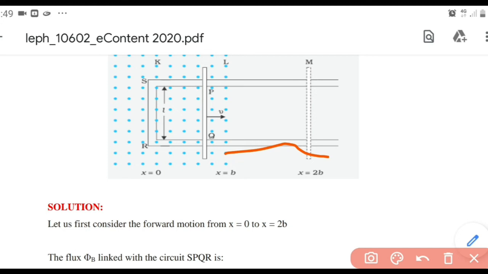There is no change in magnetic field, and hence no change in magnetic flux when the conductor is moved from b to 2b. The constant magnetic field is linked with the framework, and hence the expression for magnetic flux becomes BLb. That is a point to be noted.